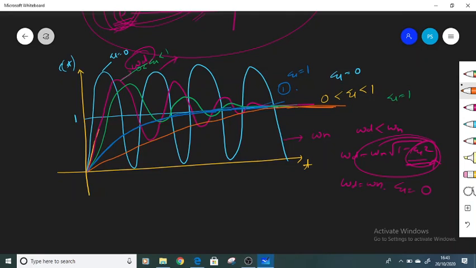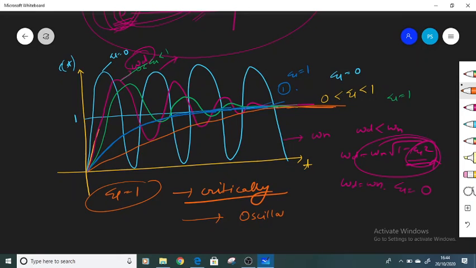But if you want to see, among all the responses without any oscillations, which of the responses will be the fastest, कौन सी वैल्यू पे, जब आप सिस्टम में ऑसिलेशन नहीं आ रहे हैं तो वो कौन सा कंडीशन होगा जिस केस में सबसे फास्टेस्ट रिस्पॉन्स होगा. Then we can say that only for zeta value equal to 1, जो कि आपका क्रिटिकली डैम्प्ड का था, उस केस में आपका सिस्टम फास्टेस्ट रिस्पॉन्ड करेगा. But the condition is that the system is having no oscillations.